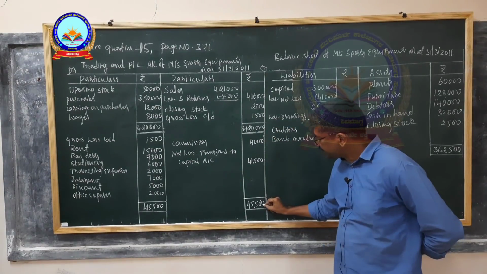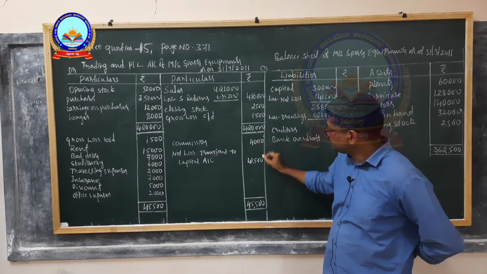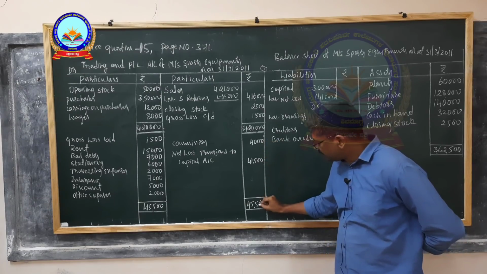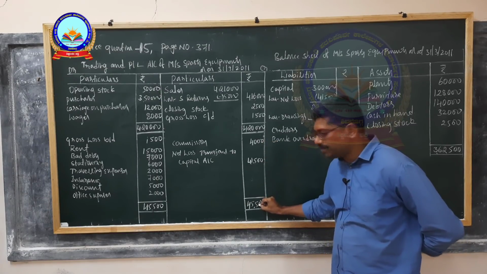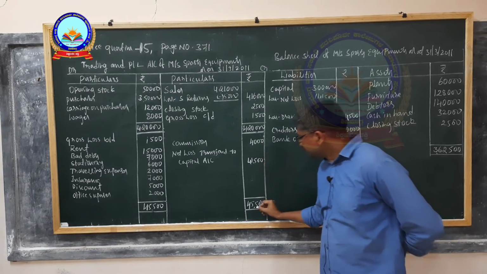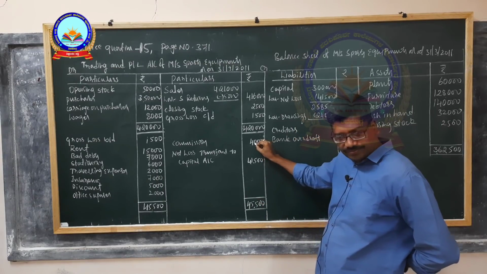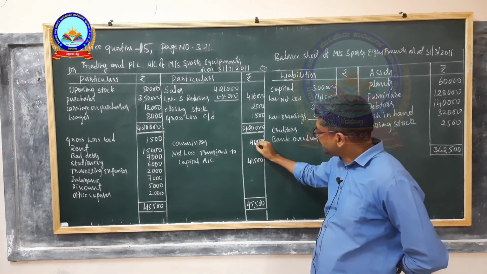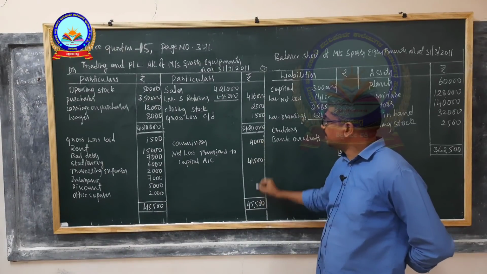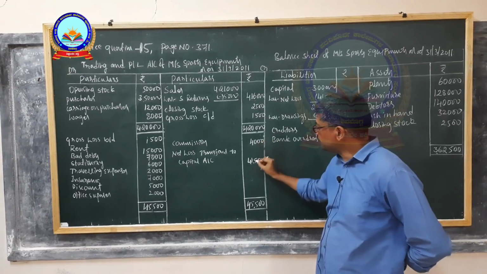Now, you see the last digit is 0, and here also last digit is 0. You put the 0. Here the second digit is 0, and here also second digit is 0. You put the 0. Here the third digit is 5, and here the third digit is 0. So we need to get the 5. To get a 5, we have to add 5 for this 0. So put a 5.